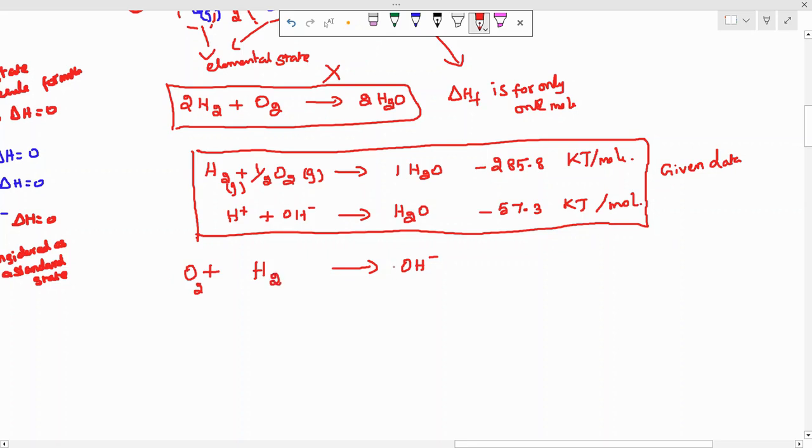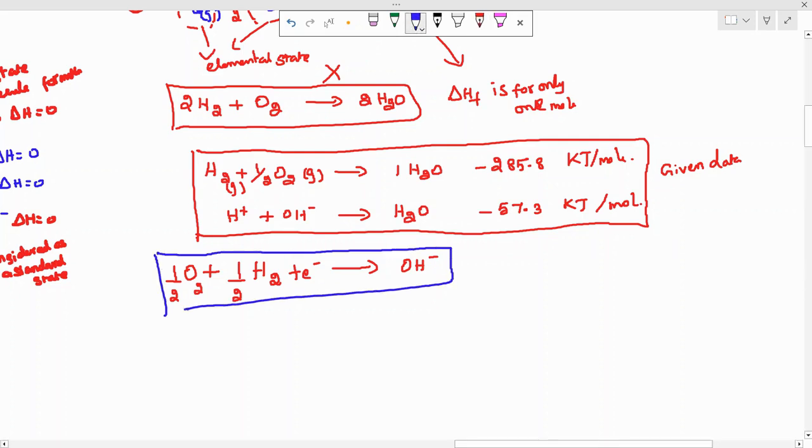But we should form only 1 mole of OH, right? So please take half mole of O2 and half mole of H2, and then you will get OH, but we need one more electron to get OH minus. For this reaction, they are asking what is the formation enthalpy of OH minus.